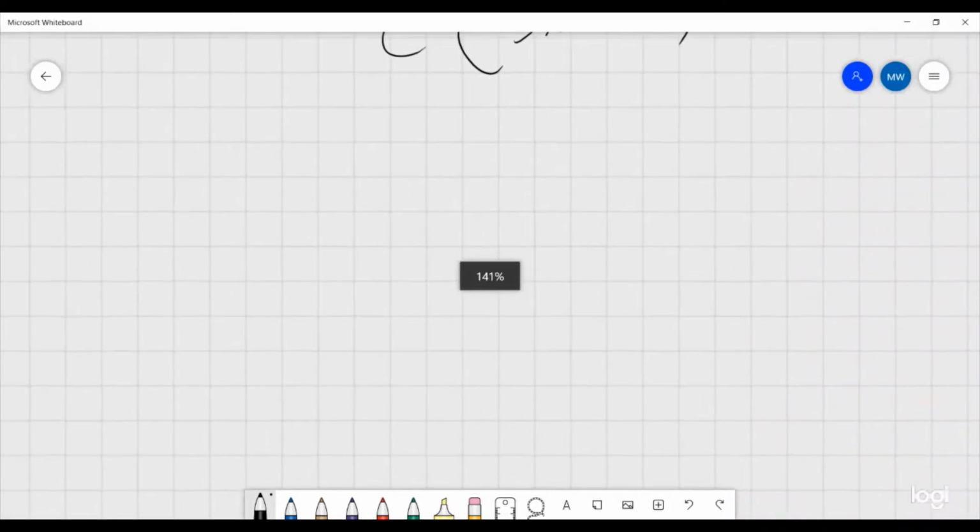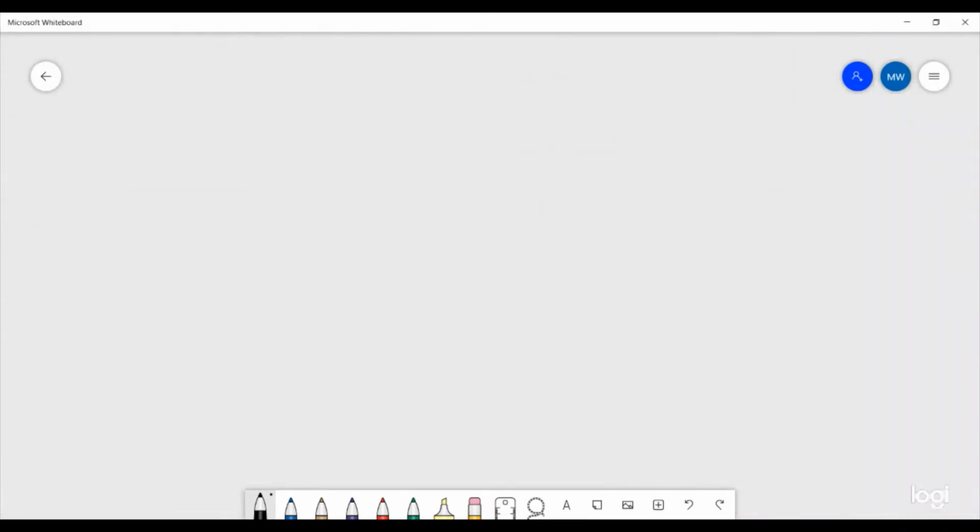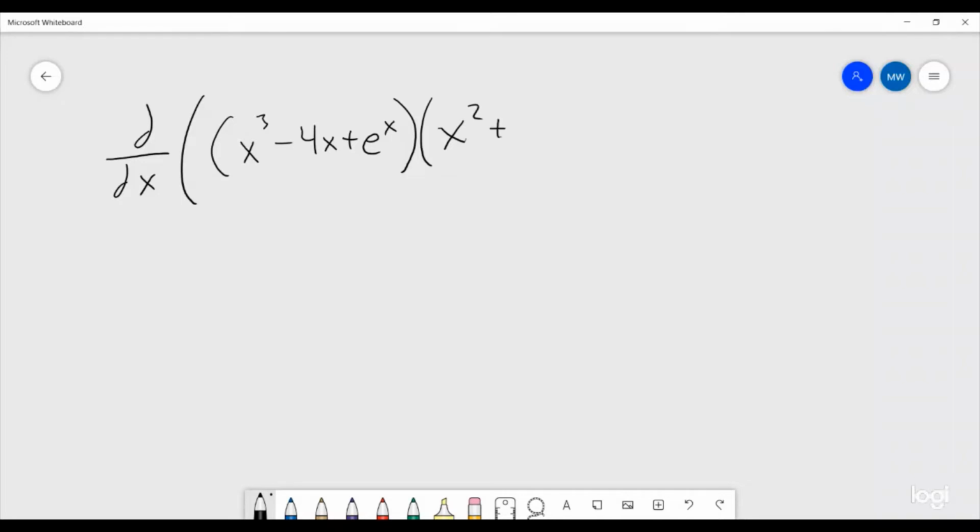Let's say that we are now trying to figure out what is the derivative with respect to x of x cubed minus 4x plus e to the x times, let's say, x squared plus 2.